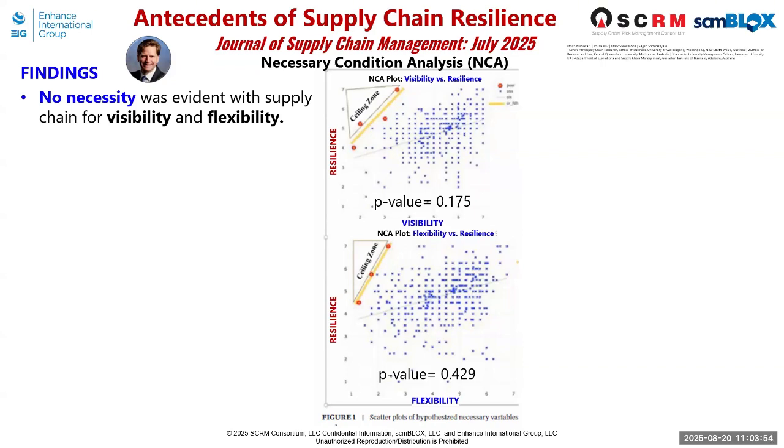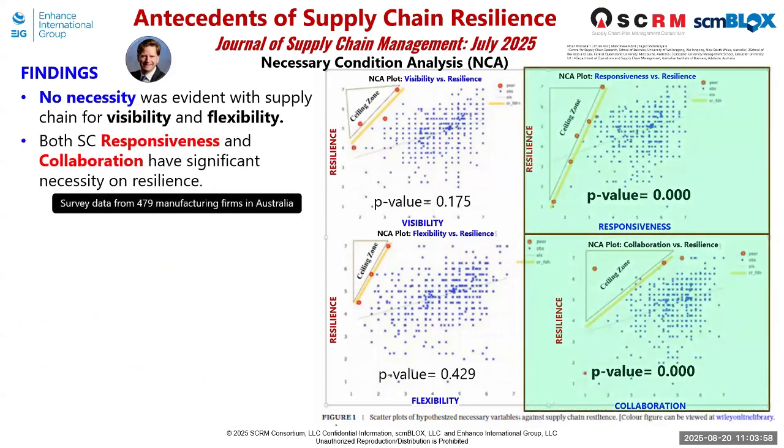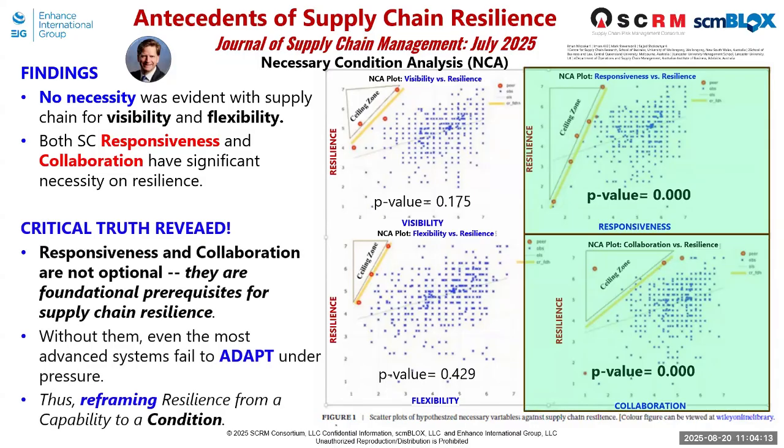However, responsiveness and collaboration are significant. And again, this is a survey from 479 manufacturing firms in Australia, as Greg mentioned. So the critical truth revealed is responsiveness and collaboration are not optional. They are foundational prerequisites for supply chain resilience.